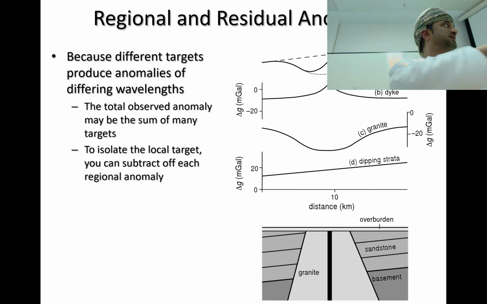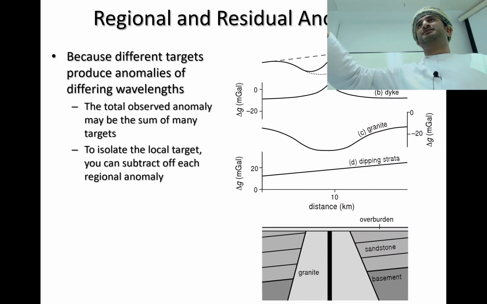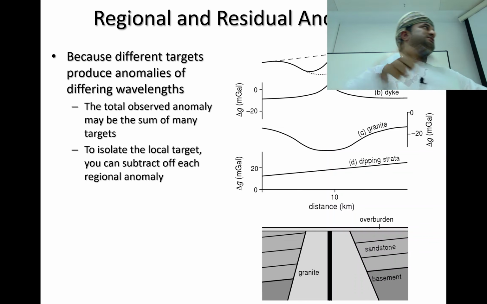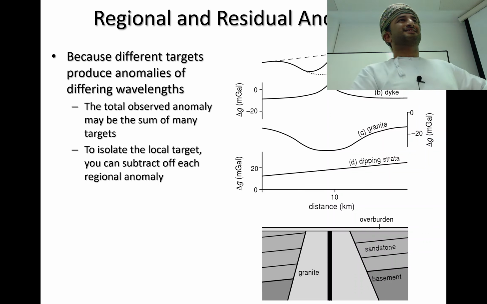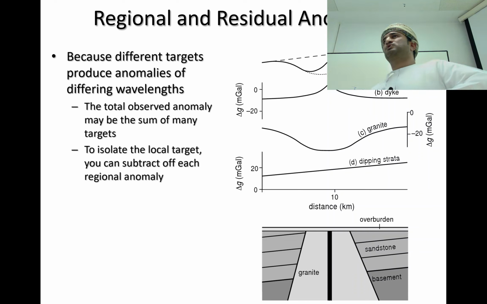Let's assume frequency is a lot of shaking. Small shaking. What is the frequency of this line? 0. So the dike has the highest frequency. So if you do frequency filtering, remove for me the low frequencies and keep high frequencies, which is what? Dike.